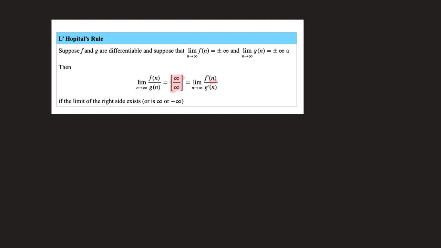Keep in mind that when you use L'Hopital's rule, you have to have infinity over infinity. It can be positive or negative, that doesn't matter, but it should always be infinity over infinity. Then you use L'Hopital's rule.